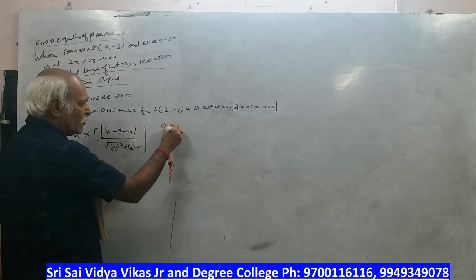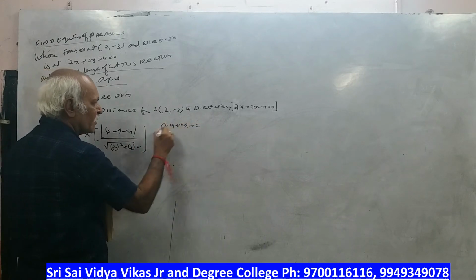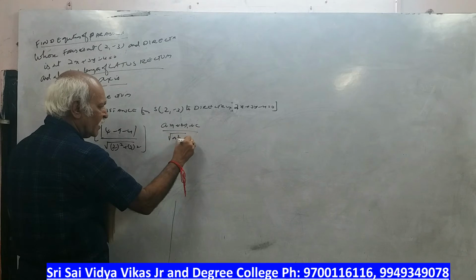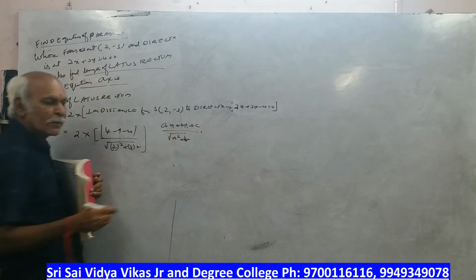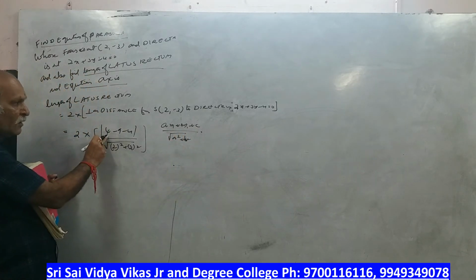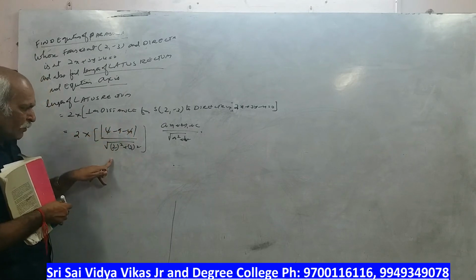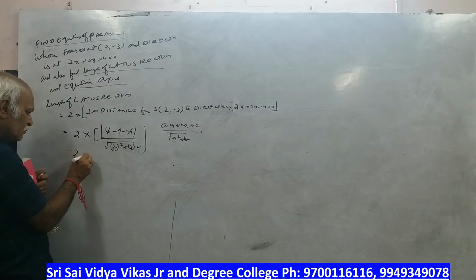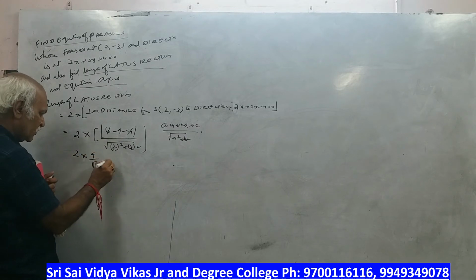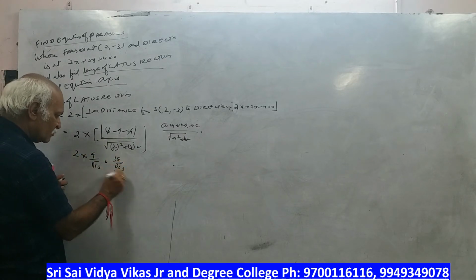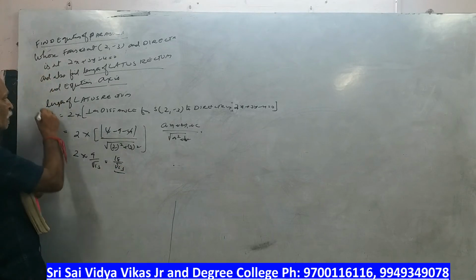Again, which formula have we used? Ax plus by plus c by root of a square plus b square. You know this perpendicular distance formula. So 4 minus 4 will get cancelled. Minus 9 modulus is plus 9, so 2 into 9 by root 13, that is 18 by root 13. Right? So we have completed the length of latus rectum.